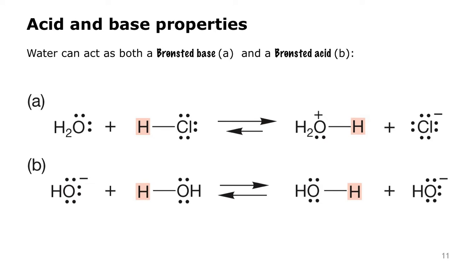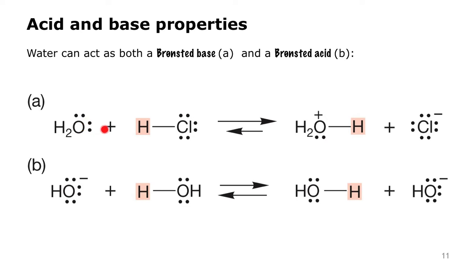Alkyl halides are neither particularly acidic nor particularly basic, but alcohols and amines are a different thing. And so we need to talk a little bit about acid-base properties. As you know from studying water in general chemistry, water is a molecule that can act as both a Bronsted base and a Bronsted acid.